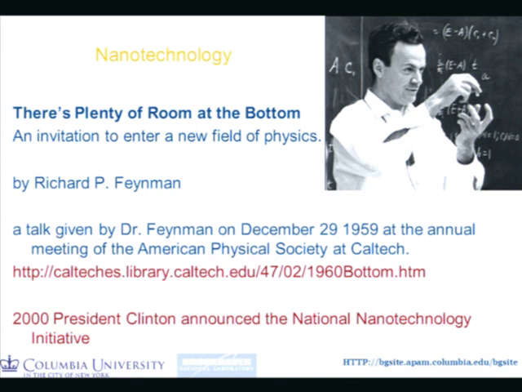It was December 29th, 1959, and this is often shown as the beginning of nanotechnology. Many people haven't read this, but it's on the Caltech library site, and they gave it a really great name, 1960 Bottom. So if you want to read this, go to 1960 Bottom.